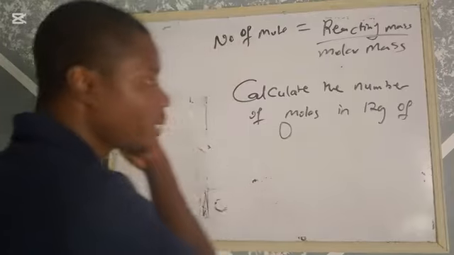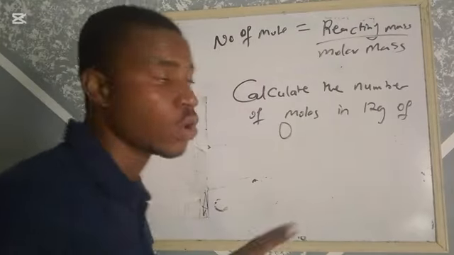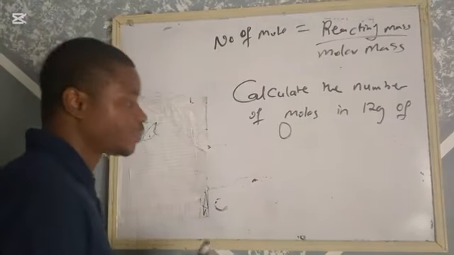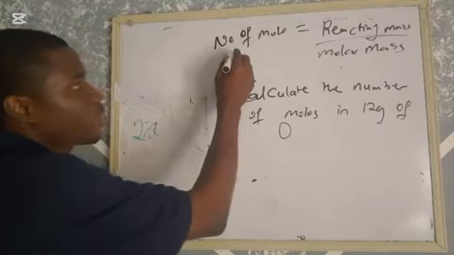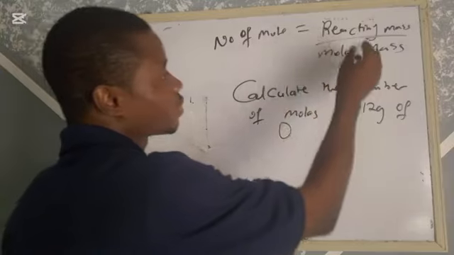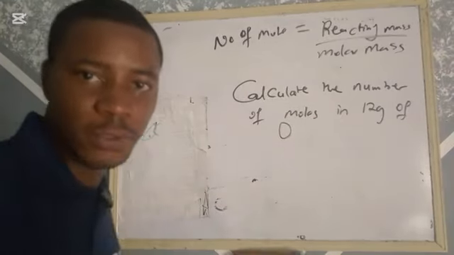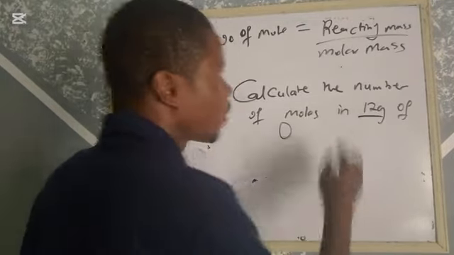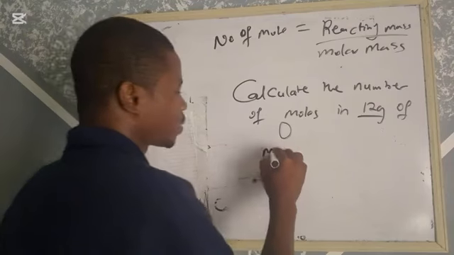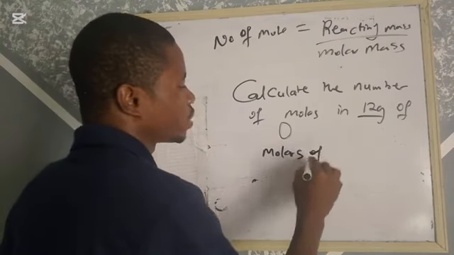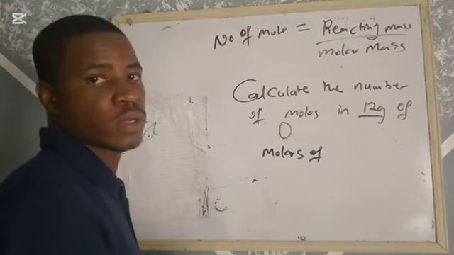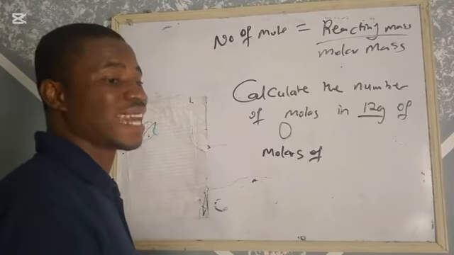So, calculate the number of moles in 12 gram of oxygen. Now look at it here. Number of moles equals reacting mass over molar mass. Reacting mass is the given mass from the question, which is 12 gram. So we have our reacting mass. What about molar mass? Molar mass of the oxygen molecule. Remember I told you that it exists as a diatomic molecule.